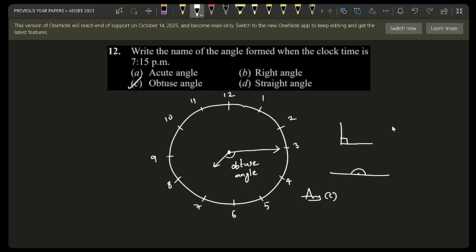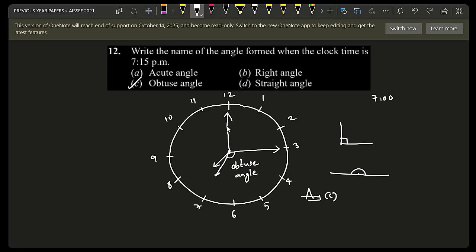Vedashree? Sir, Aditi said that it is 7 only. That is wrong. See, suppose the time is exactly 7. Then the hour hand will show 7 and it will be like this.